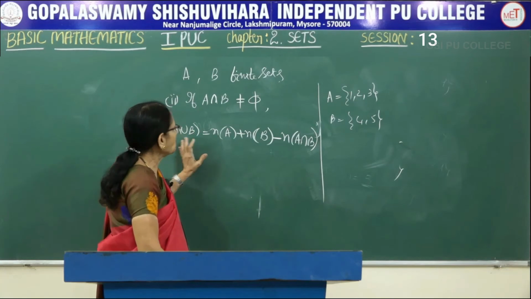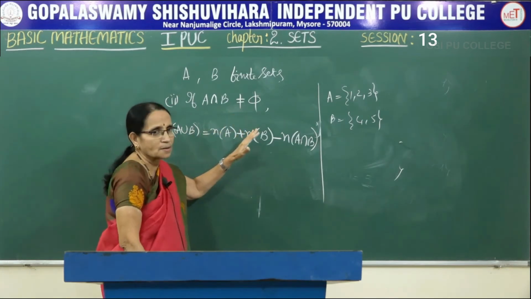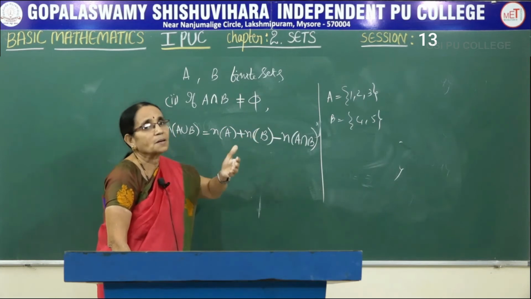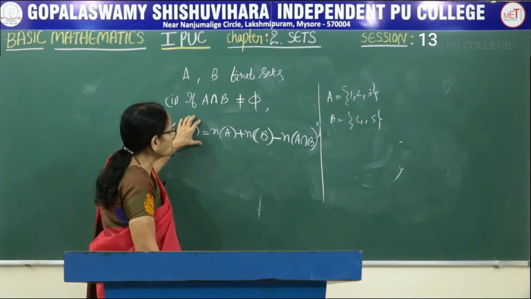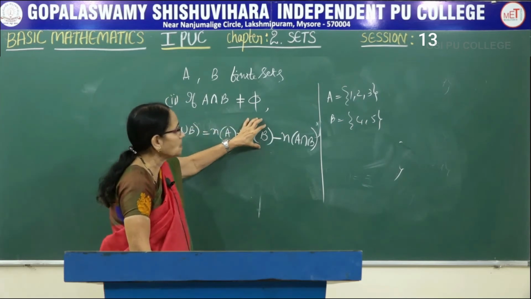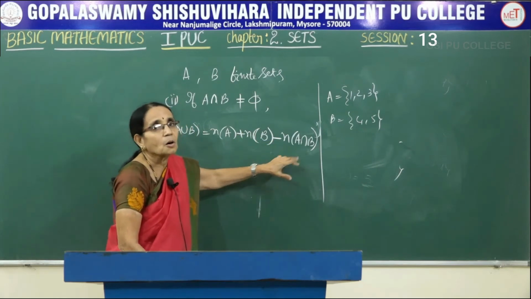That means when A intersection B is not a null set, it will be containing some elements. In that case, n(A union B) would be the sum of the elements of the sets A and B minus the number of the common elements.